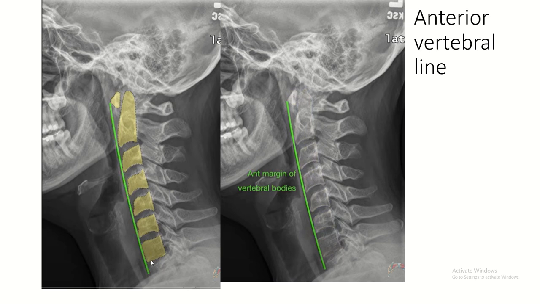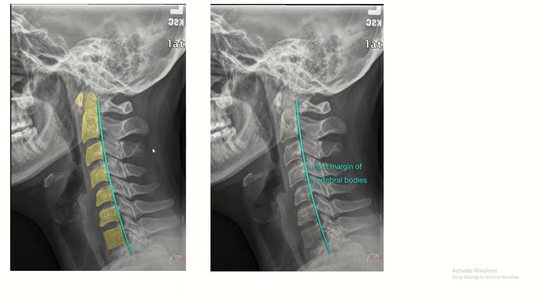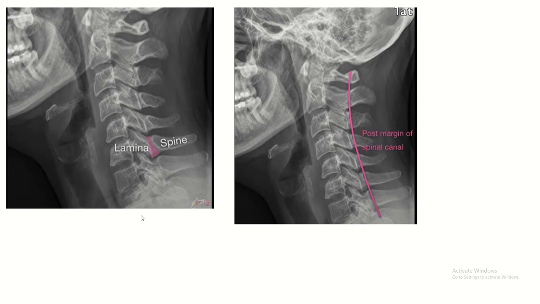Here it looks black, soft tissue gray, and bones white. This is the anterior margin of the vertebral body of the cervical vertebra. This is the posterior margin of the vertebral body. This is the posterior margin of the spinal canal. This is the lamina. This is the spine.